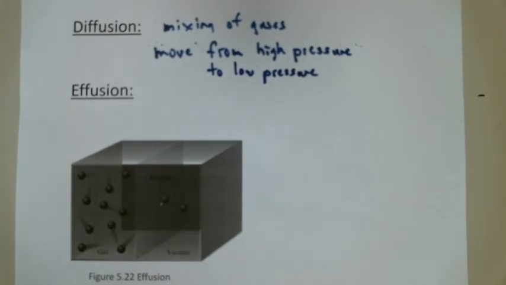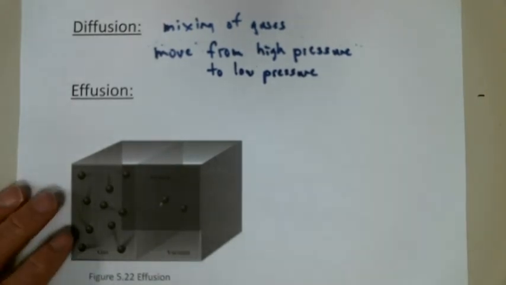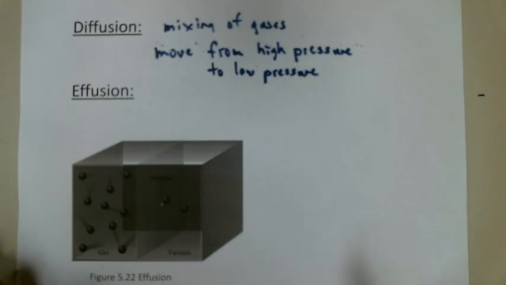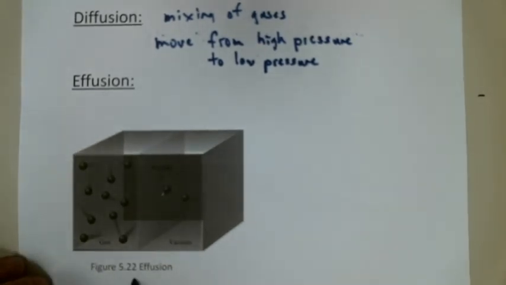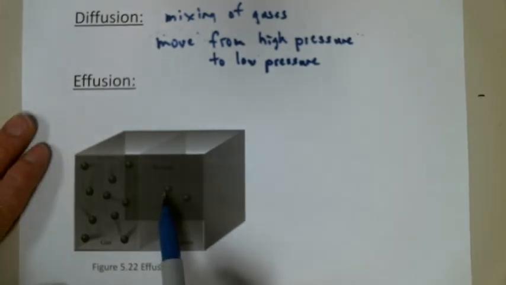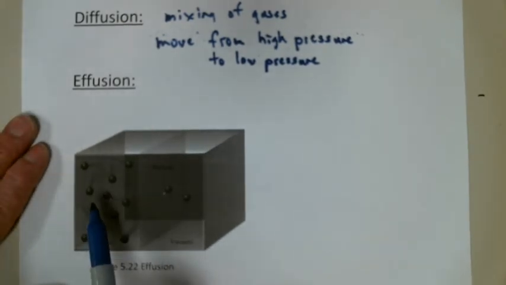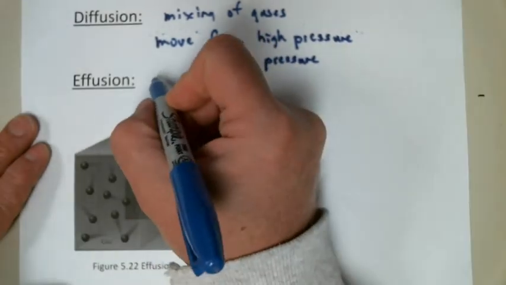And then effusion is a more specific form of this. There's a figure in your book, figure 5.22. It's not showing up great here, but you have the handout and you also have the book. All effusion is we're going to have a little pinhole, and we're going to let the gas diffuse through the pinhole.